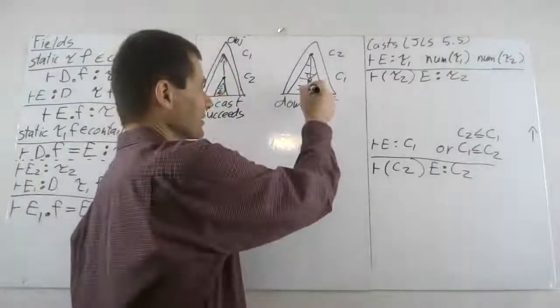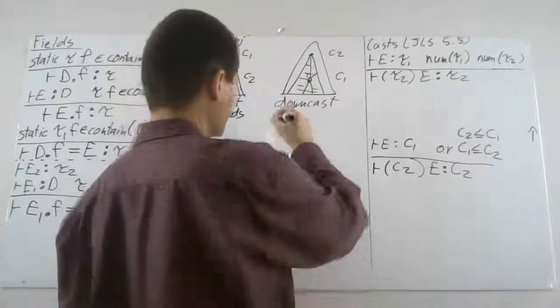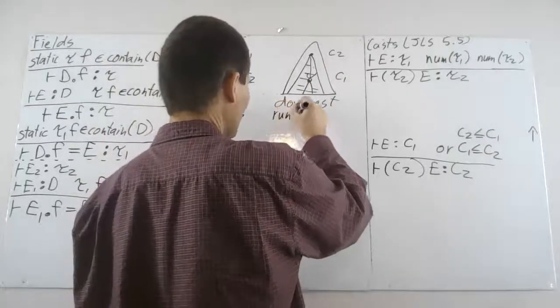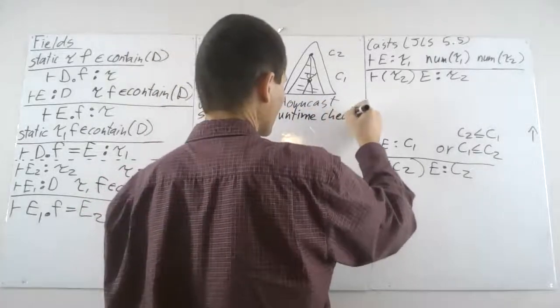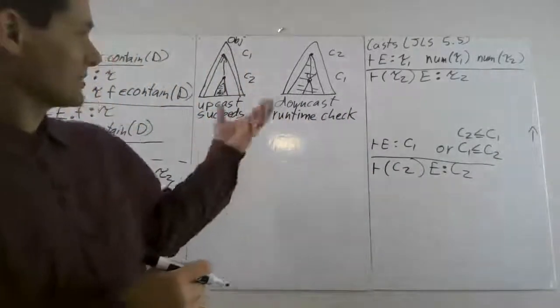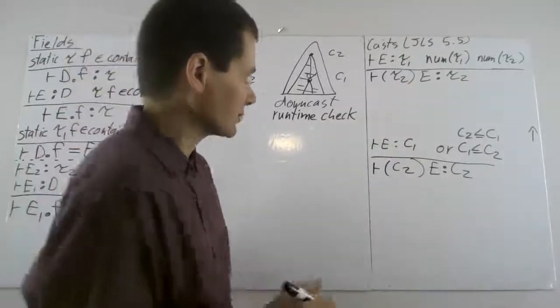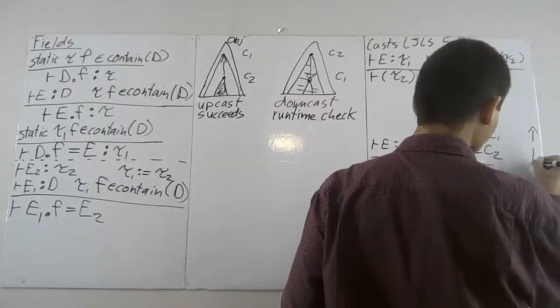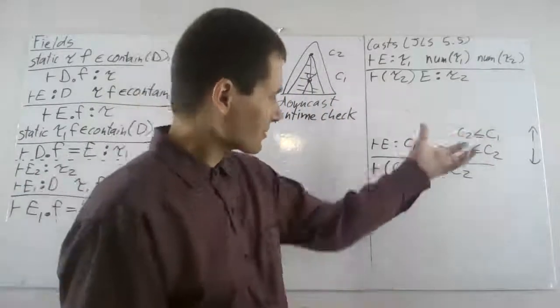So we'll check that it really is within that small triangle. For a downcast, we're going to need a runtime check of the dynamic type. This is where things get a bit dynamic. We're mostly talking about static type rules, but we've got a downcast. And so these two are allowed.